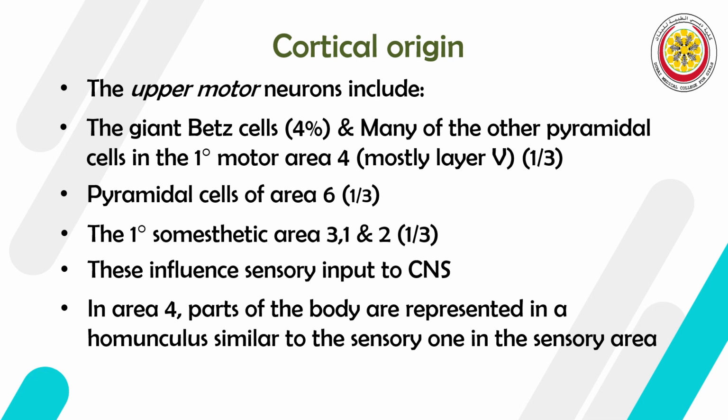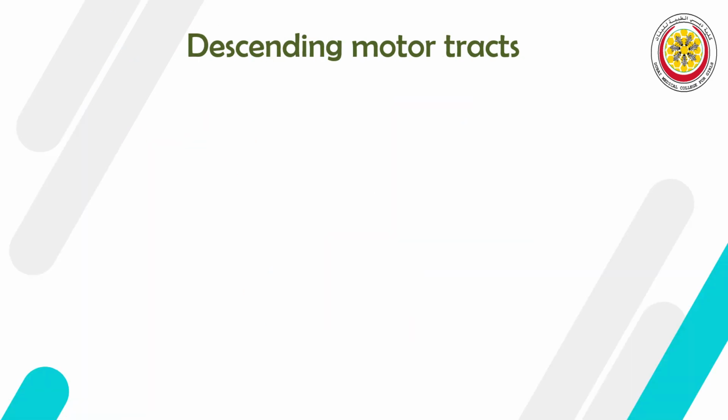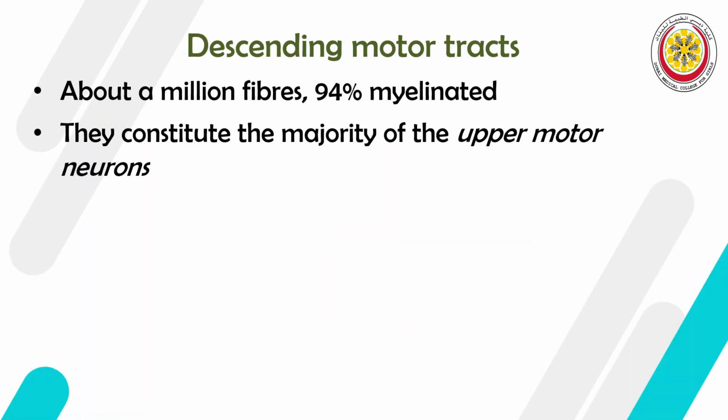Superolateral, we have the trunk and part of the head, the face, etc. The homunculus, you remember, similar to the sensory homunculus. So you have the pharynx there, the tongue here, the teeth, the gum. So the homunculus representation in the cortex.